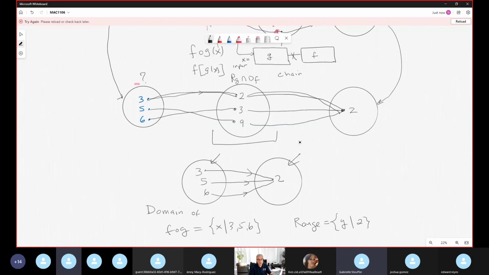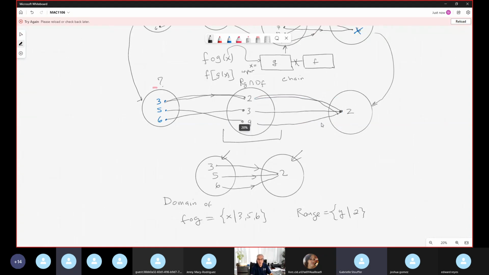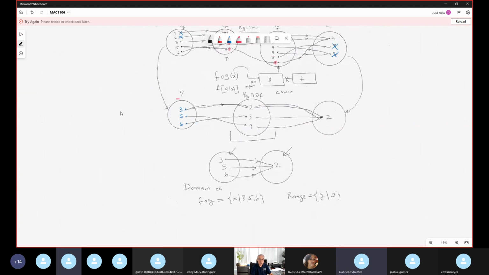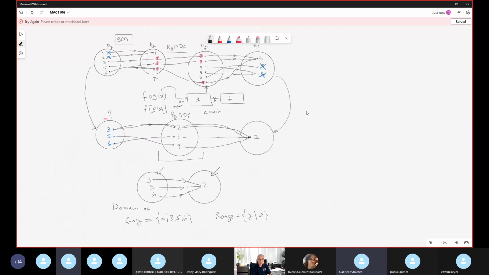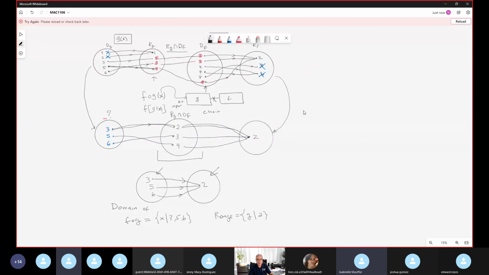It's relatively easy to understand this, right? However, I want to not complicate, but include one extra idea. Suppose I want to evaluate F composition G at different values of this: 1, 2, 3, 5, 6.